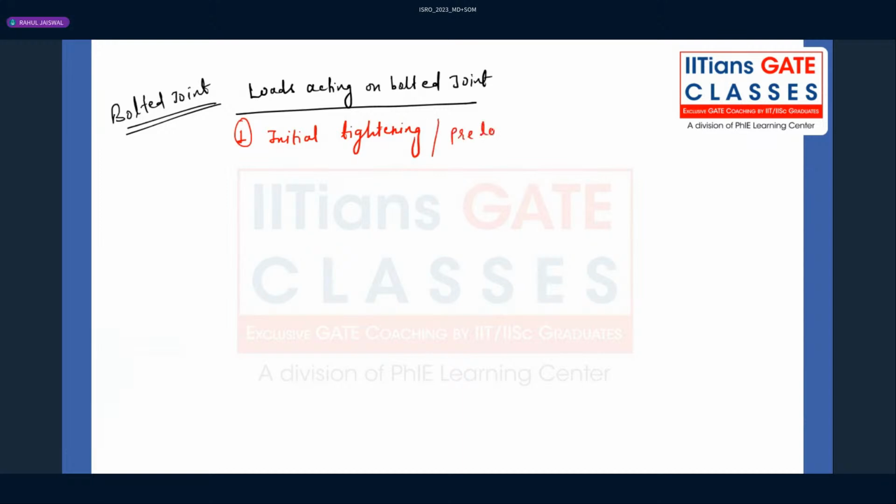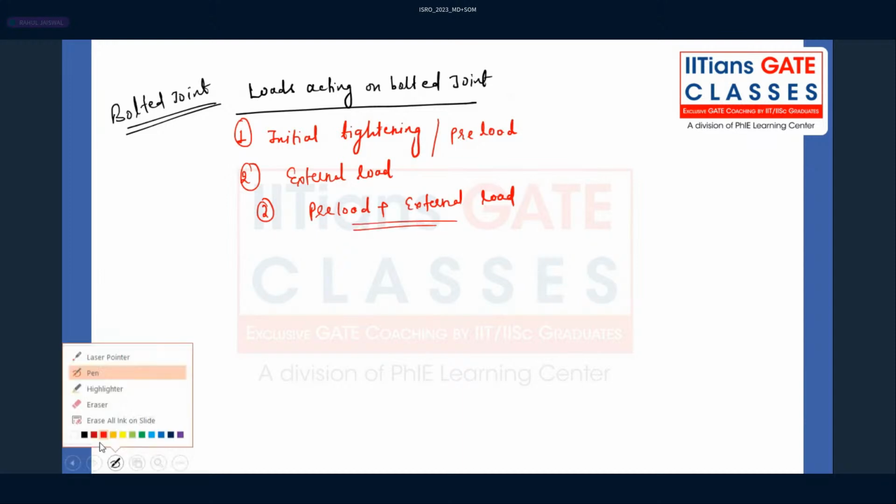We call it preload. Second, there will be certain external load. Third will be preload plus external load. Both combination can be active.